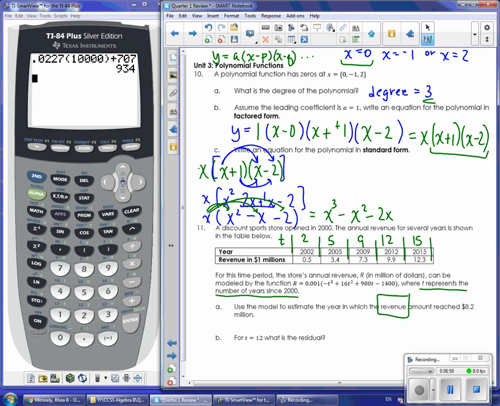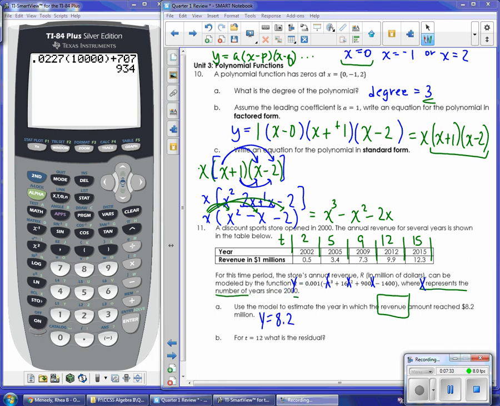Now, in our calculator, we don't use T and R, we use X and Y. So if it helps you to kind of think about this equation in terms of Y equals, that's going to be an X to the third, this is going to be an X squared, this is going to be an X, and so forth. You can do it that way as well. And this time, X would represent the number of years since 2000, and Y would represent the revenue. So if I know that my revenue is 8.2, I can think of that as a Y value, being 8.2.